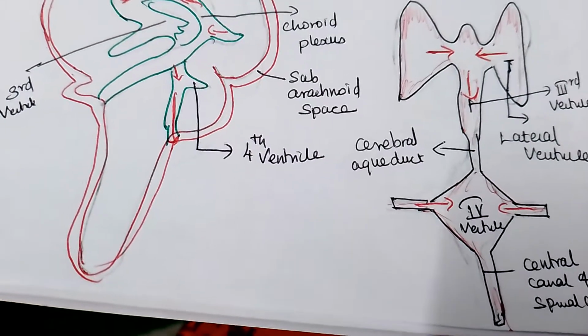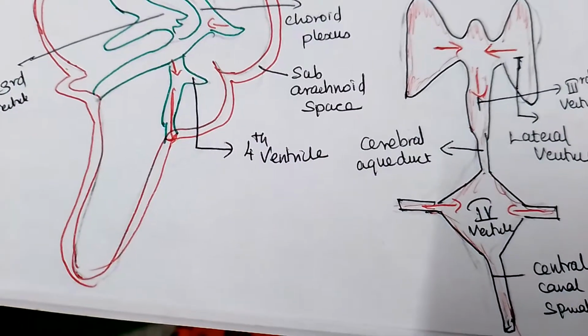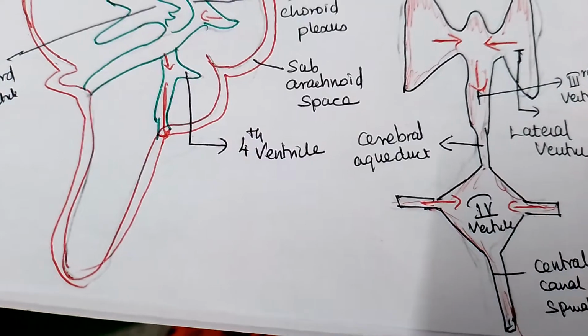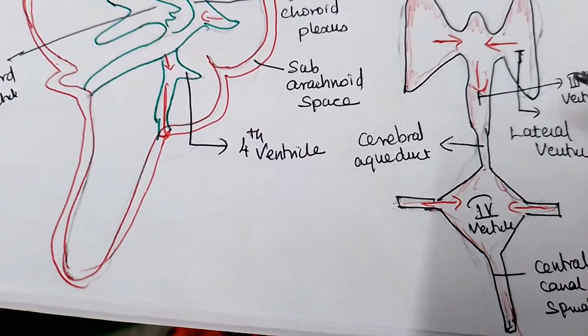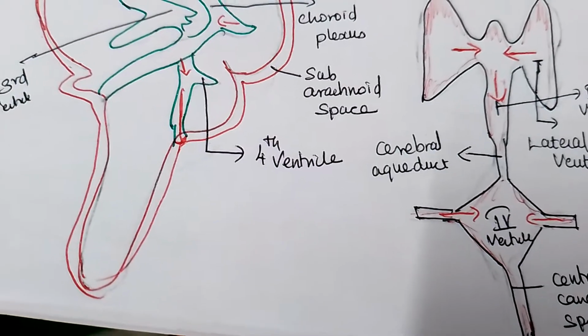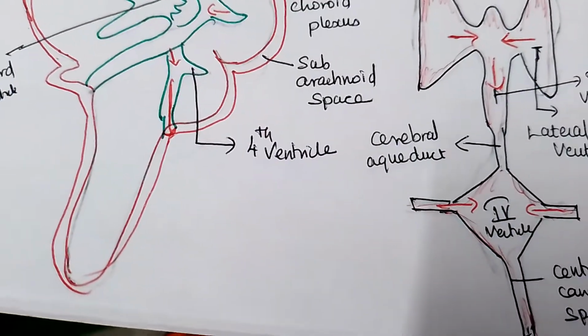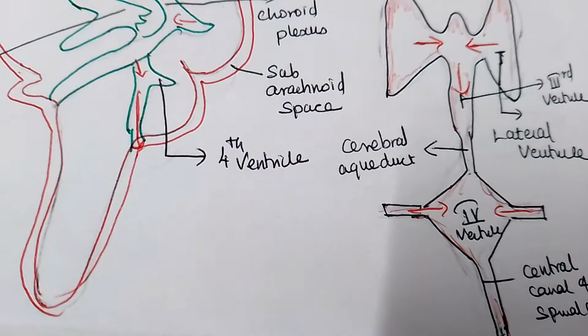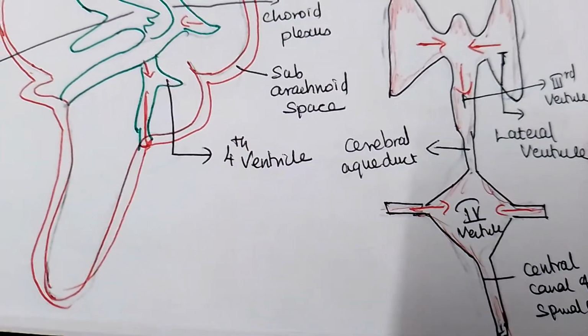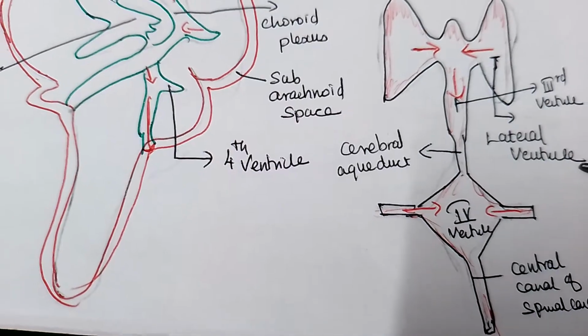CSF runs through the lateral ventricles and flows through the foramen on the left and right, reaching the third ventricle and then the fourth ventricle.